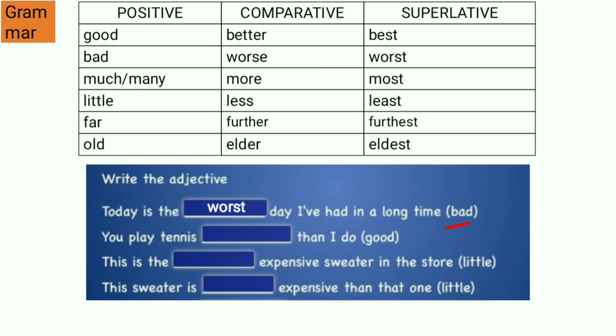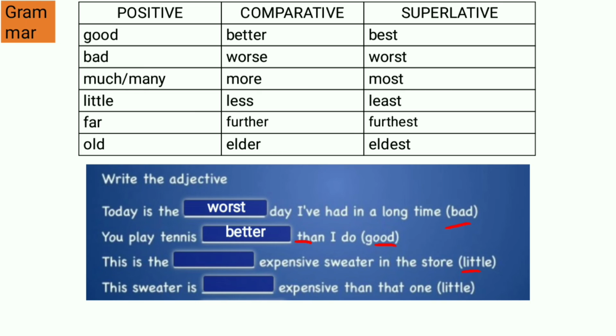Number 2, you play tennis blank than I do. If it means good, and then you have the word than, that means comparison, comparative. So look at the column for the positive form good. That becomes what? You play tennis better than I do.